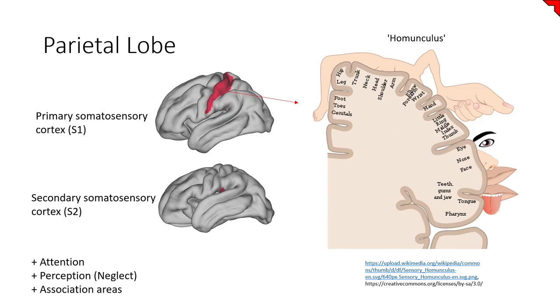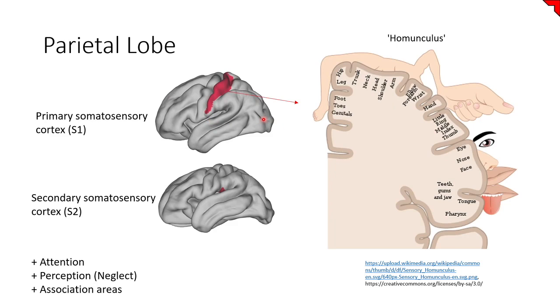And another very important functional feature, which is true for all sensory cortices: this primary somatosensory cortex, as well as the primary auditory cortex or the primary visual cortex, receives the information, but is not able to interpret this information.